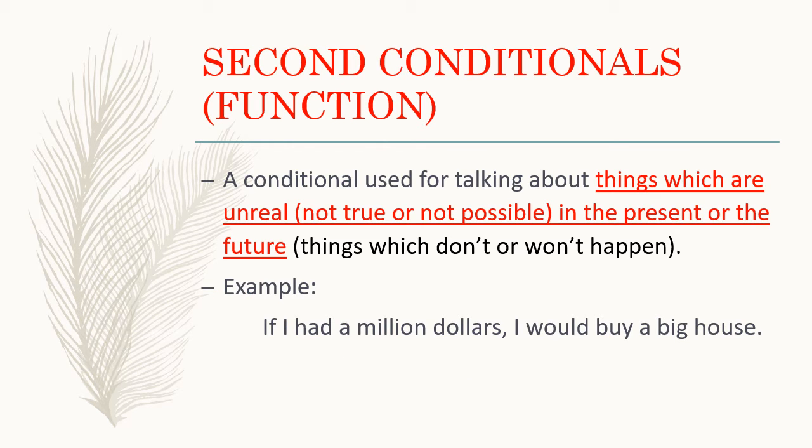So paano naton usaron ang aton second conditional? Ang second conditional, by the way, sometimes it's called conditionals type 2. A conditional used for talking about things which are unreal, not true or not possible in the present or the future. Meaning things which don't or won't happen. Okay?